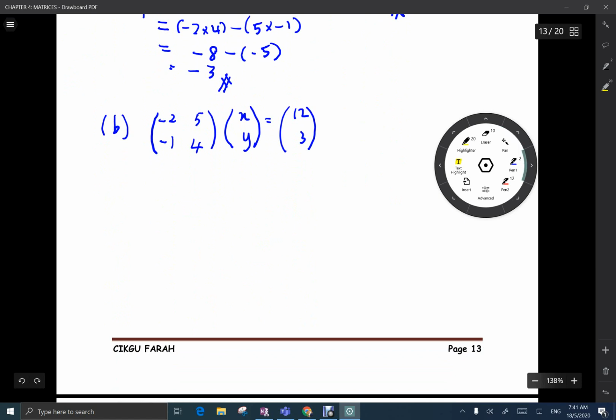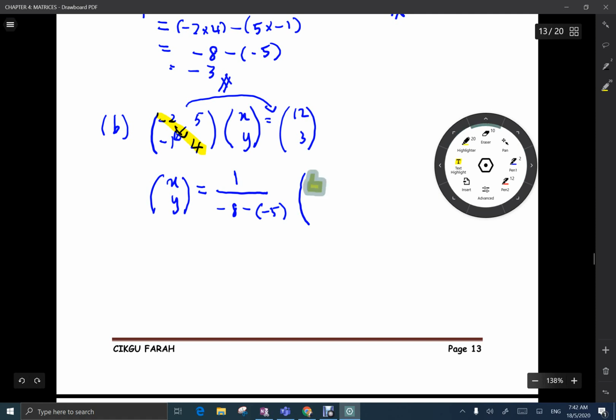Ini kita berbuat hari tu. Okay, so XY equals to, matrix ini bawa sini kan? So, dia akan jadi inverse. Right, so 1 over -2 times 4 is -8 minus -5 times 1 is -5. Okay, and then yang sini nak buat apa? Kita tukar tempat. Right, so dia akan jadi 4, -2.